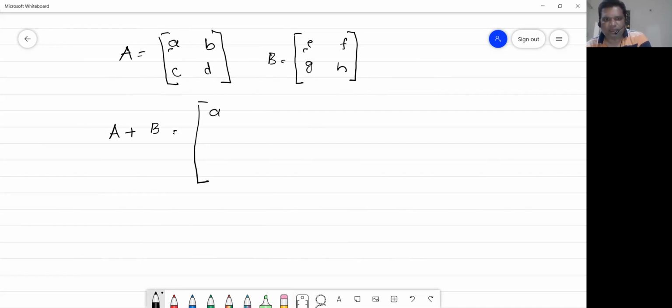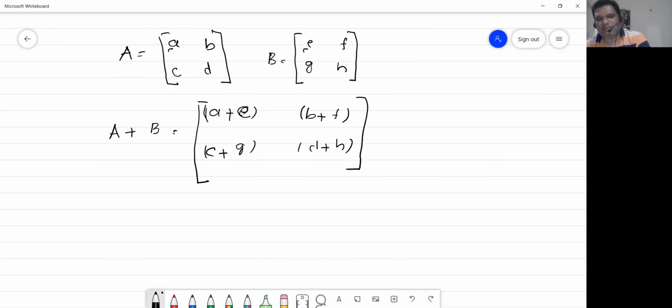So A plus E: first element of the first matrix, first element of the second matrix, A plus E. Then second element of this matrix, second element of this matrix, B plus F. Please observe carefully. Then C plus G, then D plus H.